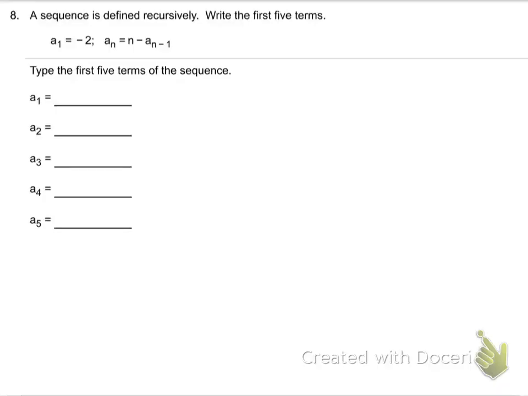Okay, the sequence is defined recursively. A sub 1 is -2, so there's -2. And A sub n is n minus A sub n minus 1. What does that mean? A sub n minus 1, remember, is always the previous term. So in other words, A sub 2, let me write the formula.